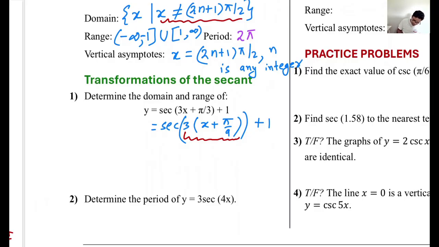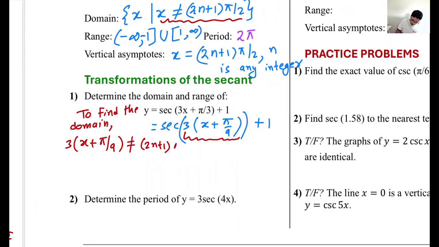So you will say, to find the domain, the condition you will put is 3 times x plus pi over 9 is not equal to 2n plus 1 times pi over 2.